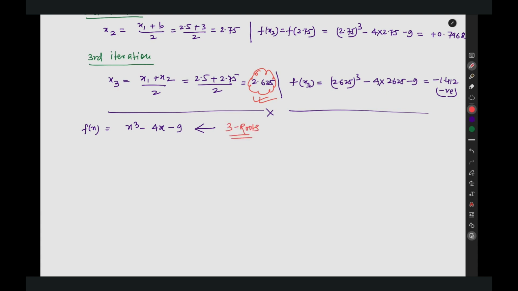By solving this equation by the bisection method, we will always be getting only one solution, and that depends on the interval we choose.